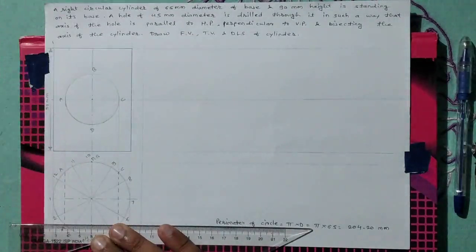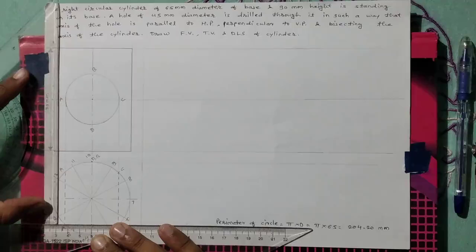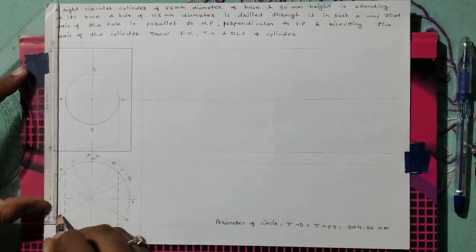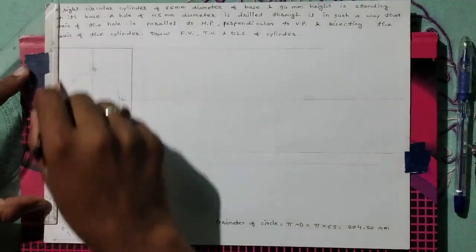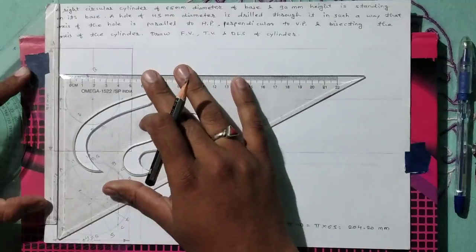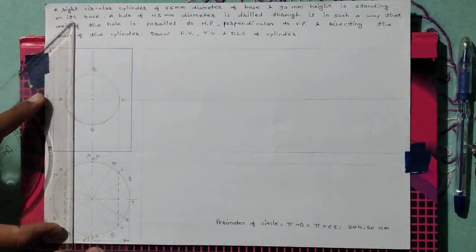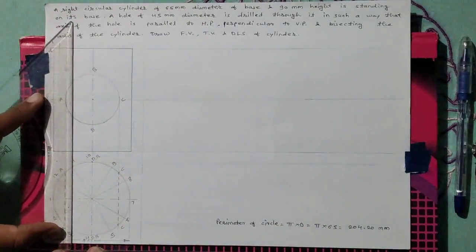We can also use a drafter here for taking these projections. We are taking the projection of 2 and 12 in the front view. After that, we will take the next projection of points 3 and 11.